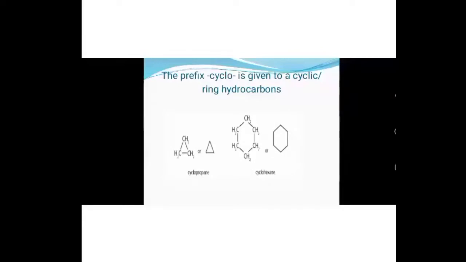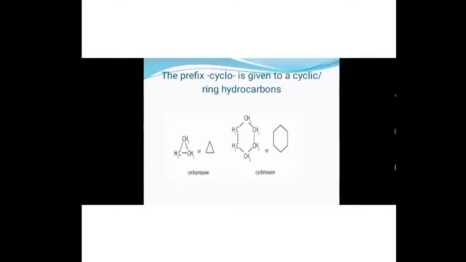As seen in this structure, we can see that the carbons are bonded to each other in a cyclic form. The first one has 3 carbons and is named cyclopropane. You can see that the 3 carbons are bonded to each other, forming a ring. And because they have formed a ring, we call them cyclopropane.